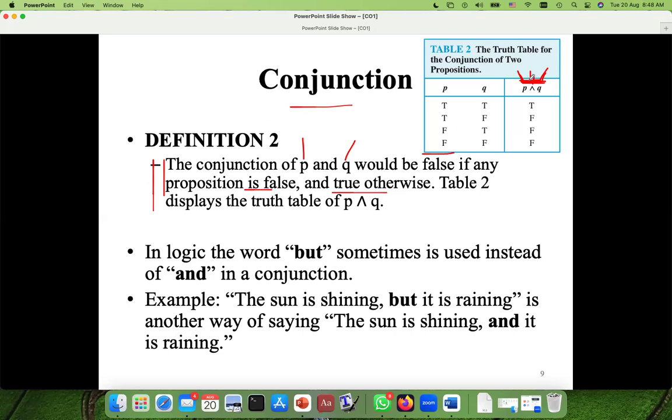Now if you have to make a truth table for P and Q, the first thing you have to see in this equation is how many variables. Two variables, so two columns first, and then the resultant column.